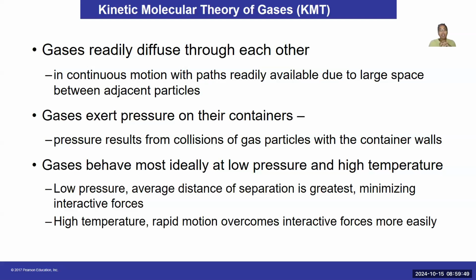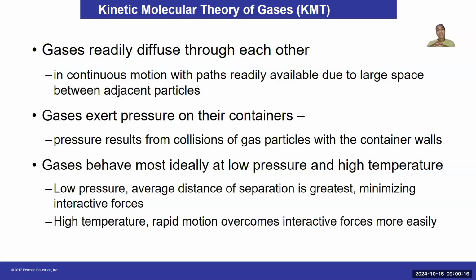Gases also exert pressure on their containers. And the reason why is because the collisions that the gases have with their container walls provide that pressure. And I mentioned a little while ago that gases behave most ideally when there's low pressure exerted on them and high temperature.